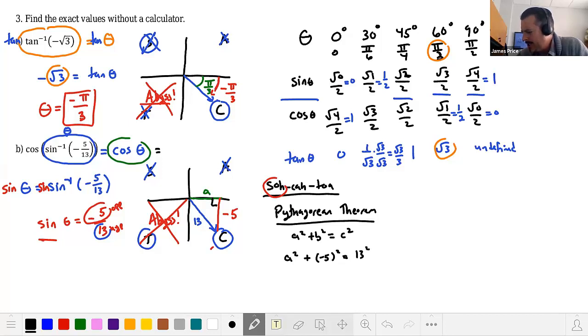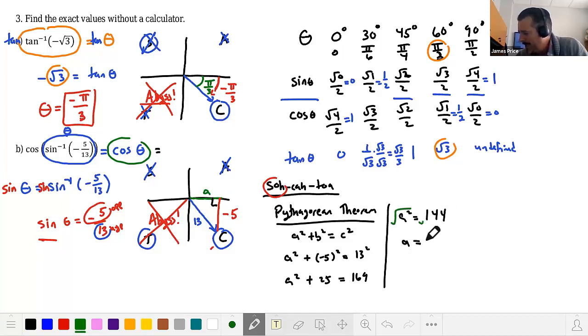And so a squared plus 25, the negative goes away, equals 169. So a squared is going to be equal to 169 minus 25, which is 144. Take the square root of both sides, and I notice a should be positive. So when you take the square root, you just want the positive piece. And so a is going to equal +12.